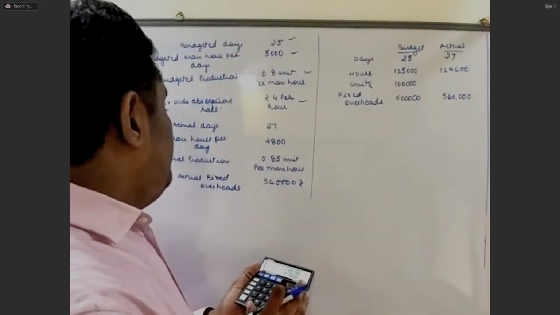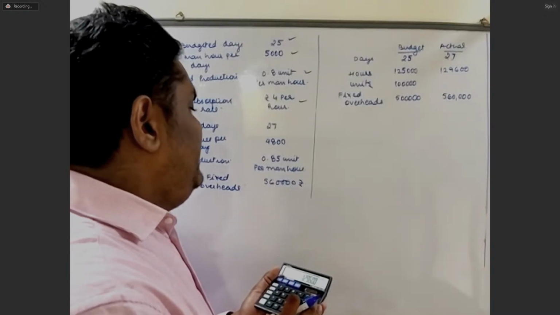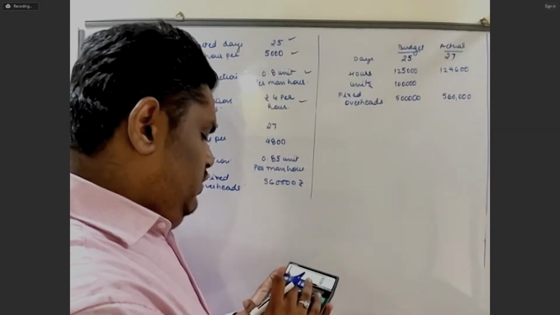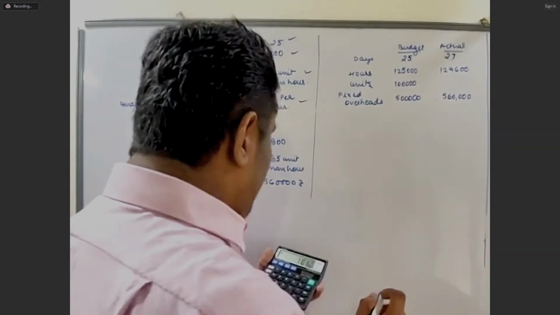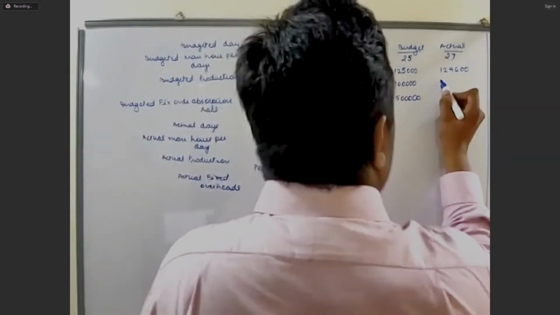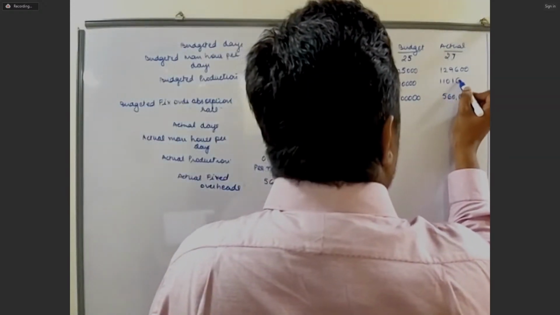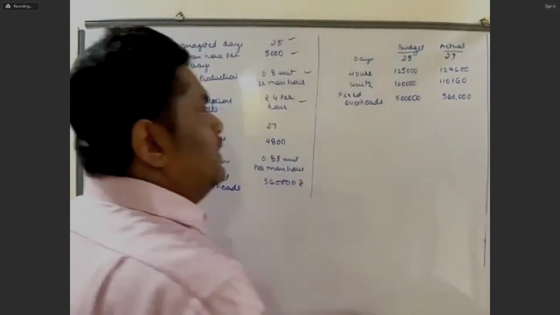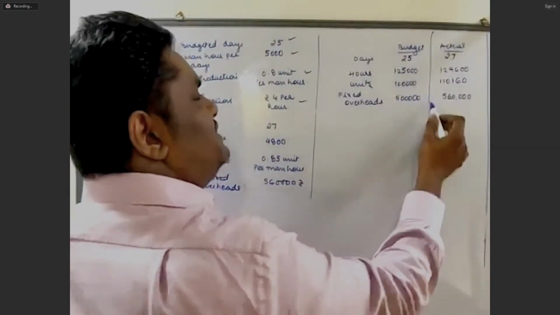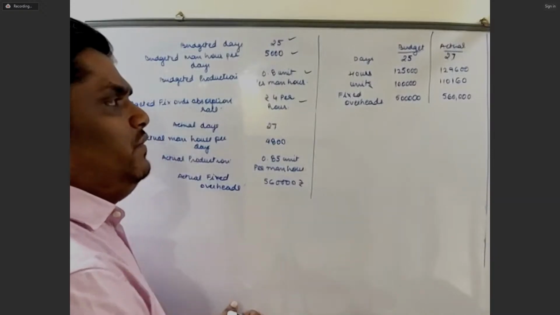Further, when talking about the actual production, it is 0.85 unit per hour. So into 0.85, this will be 110,160. So now this master chart is ready. You can easily solve the question.